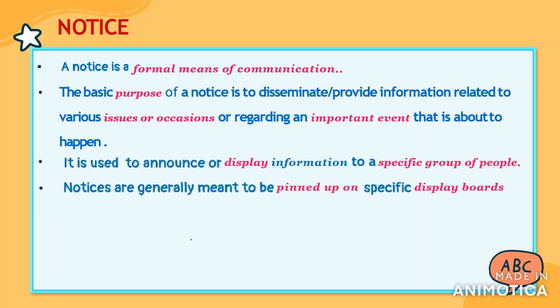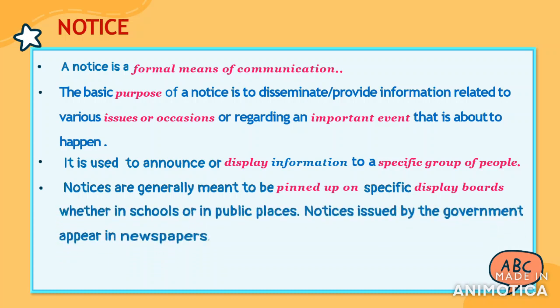It is used to announce or display information to a specific group of people. Notices are generally meant to be pinned up on specific display boards, whether in schools or in public places. Notices issued by the government appear in newspapers.